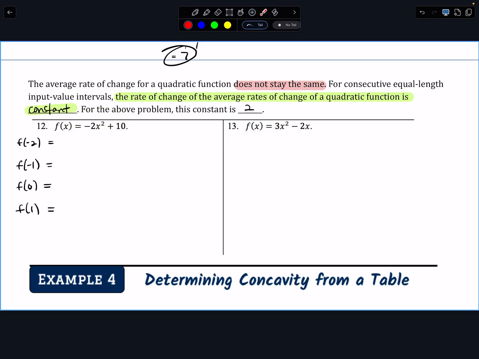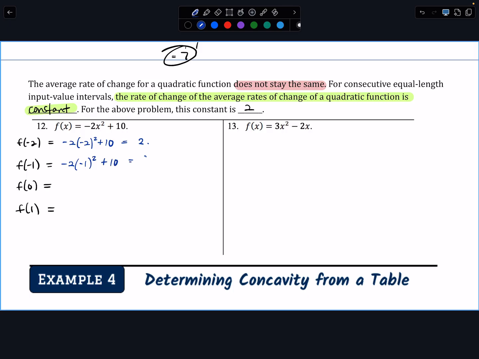Okay, if I plug in -2, -2 times -2 squared plus 10. Order of operations, what is this? 4. 4 times -2 plus 10 is 2. -1, so this would be -2 times -1 squared plus 10.